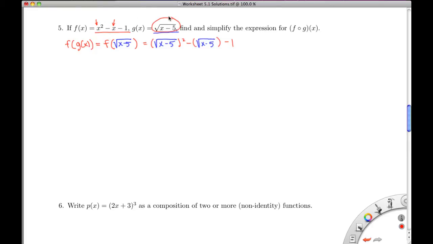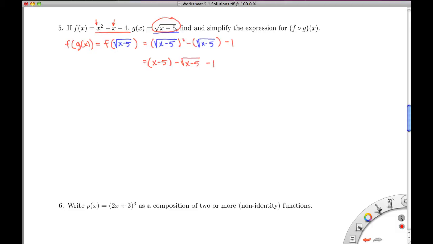Okay, so let's clean this up and see what happens. So we're going to go ahead and square the square root of x minus 5. So those are going to undo each other, and that's just going to leave us with x minus 5. And there's really nothing we can do here. We're just going to have minus the square root of x minus 5. And on the outside, we've got this minus 1.